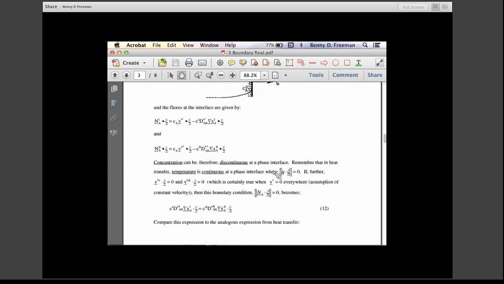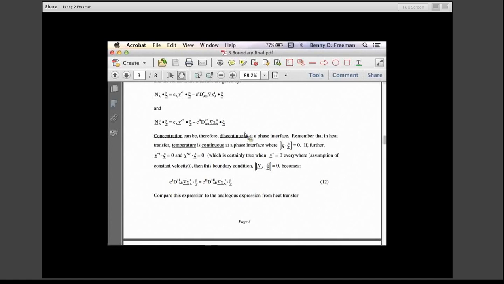And so if I have a situation where I have no convective velocity right at that phase interface, and we'll talk about situations under which that occurs.